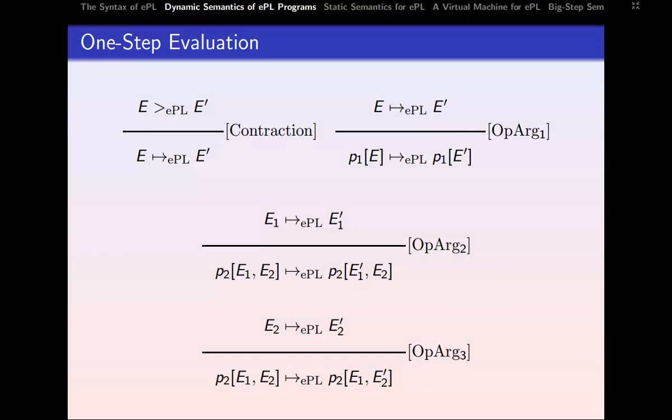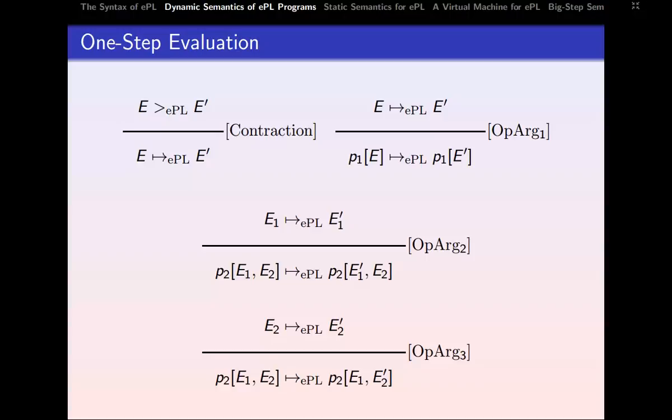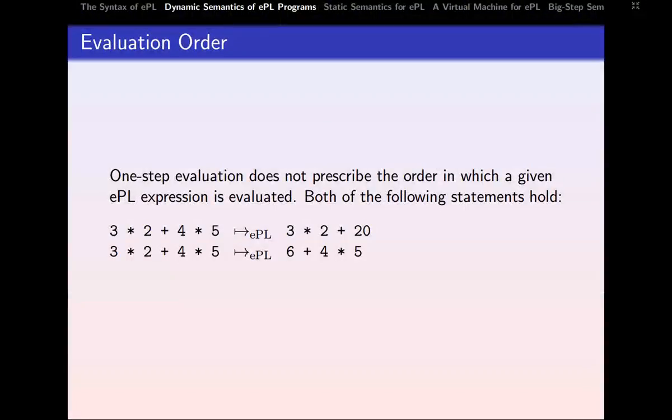If E2 evaluates to E2 prime, then P2 applied to E1 E2 evaluates to P2 applied to E1 E2 prime. Is this clear? All right. So pretty straightforward. So these will be one-step evaluations. Examples of one-step evaluations are pretty straightforward.